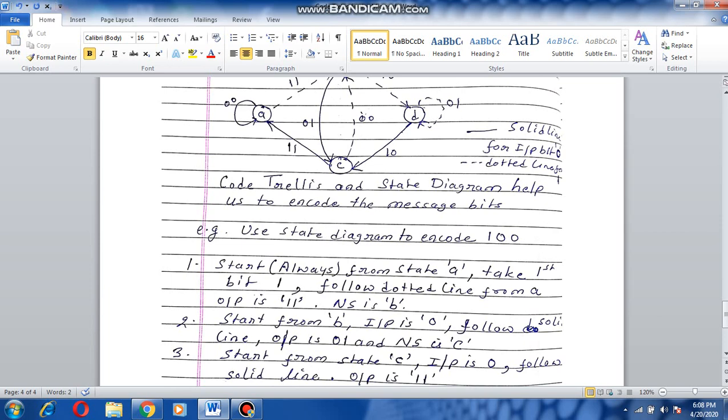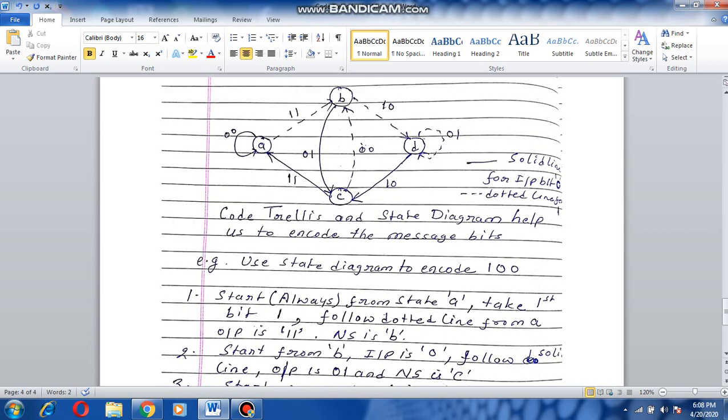Now again let us encode 1 0 0 using this state diagram. Here also we have to always start from state A, and take the first bit as 1. Since it is 1, we have to follow the dotted line from A. Over it the output is written as 1 1. So the next state will be what?